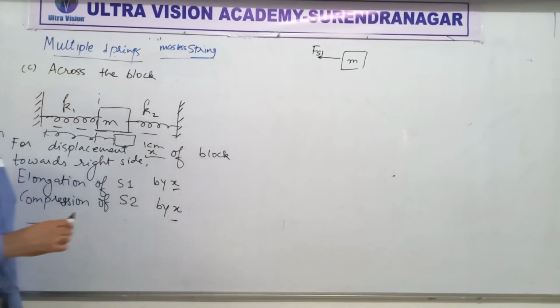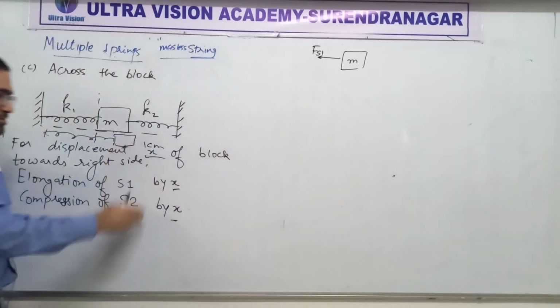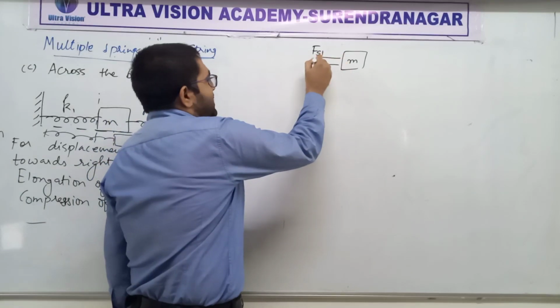What will be the direction of spring force 2? Can you tell me, everyone, what will be the direction of spring force 2 in this situation? Okay, the correct answer is left side.